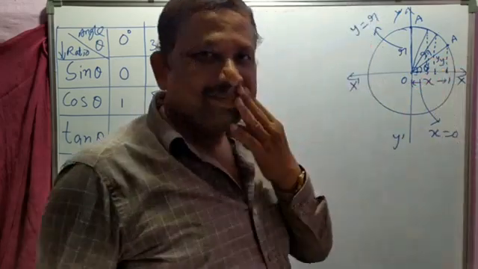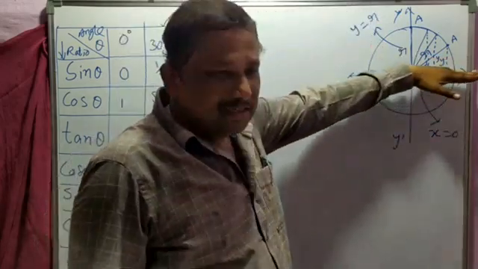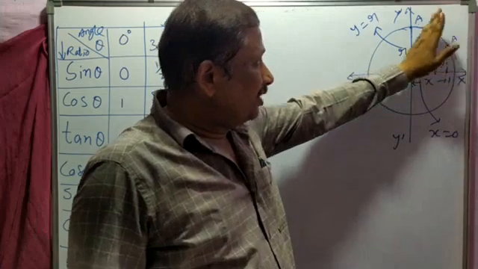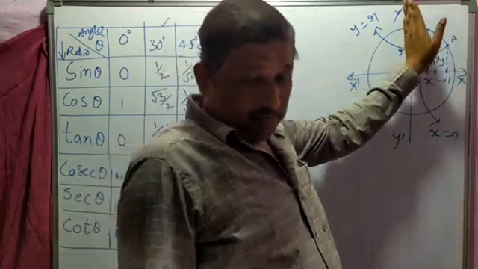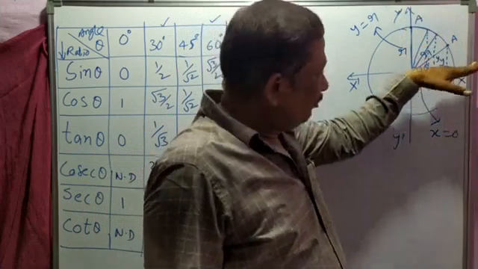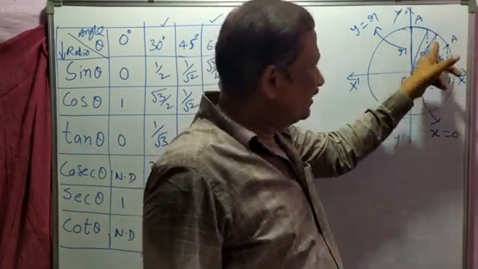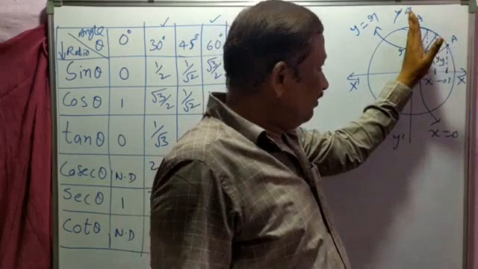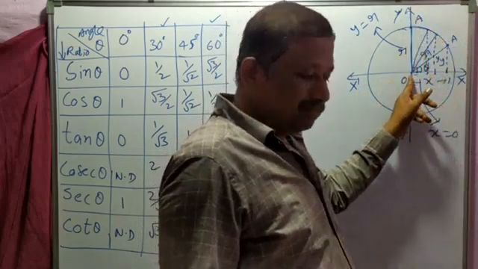Is it clear? So when this radius vector coincides with the positive y-axis, the angle becomes 90 degrees. As it gradually increases, y increases and x decreases. Finally, when it coincides, x will become 0.